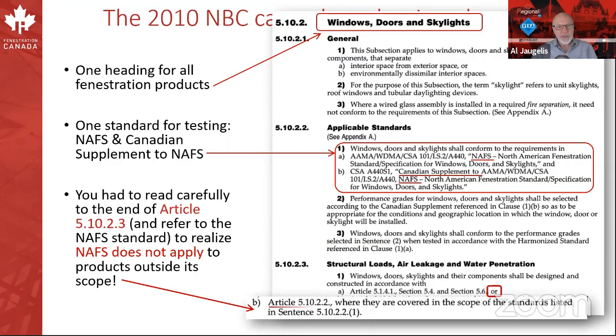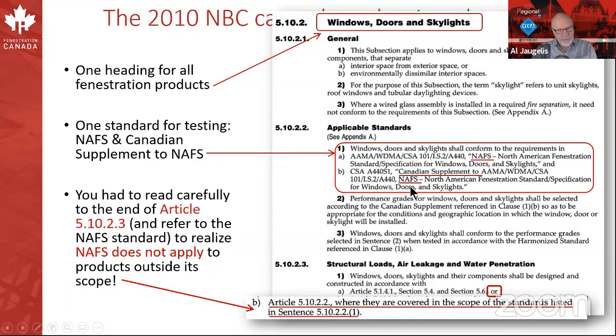And you had to be really interested to read all the way to the bottom of this subsection to Article 5.10.2.3, structural loads, air leakage, and water penetration, to realize that NAFS was only one way of qualifying structural air and water performance, and the code specifically said where they are covered in the scope of the standards listed in sentence 5.10.2.2.1, NAFS and the Canadian supplement.